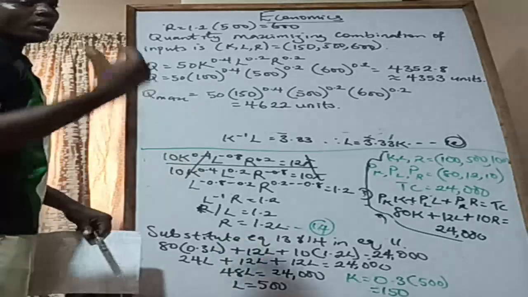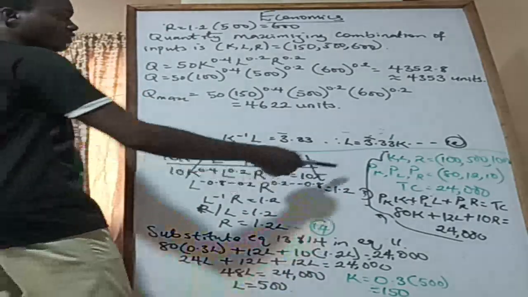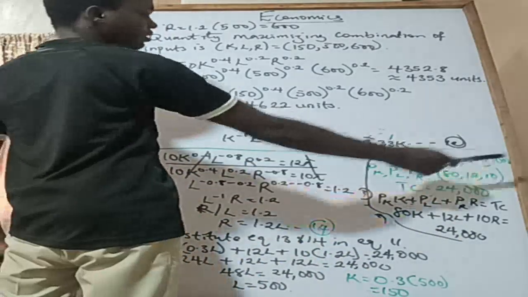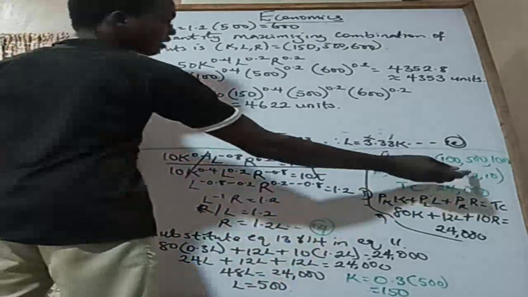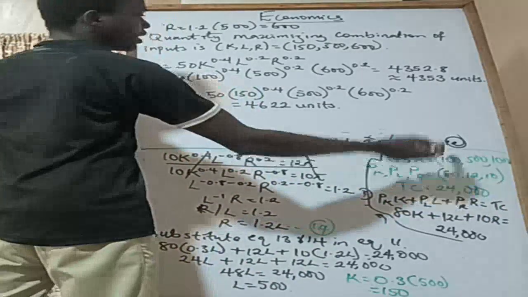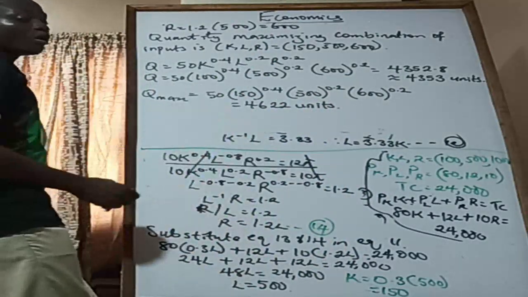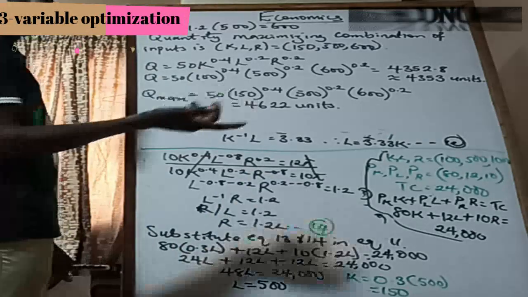So that's the shortfall every time this business is producing using this input combination, given the input prices and the total cost. With this particular input combination, the business is about 300 units short of what it should be producing optimally.